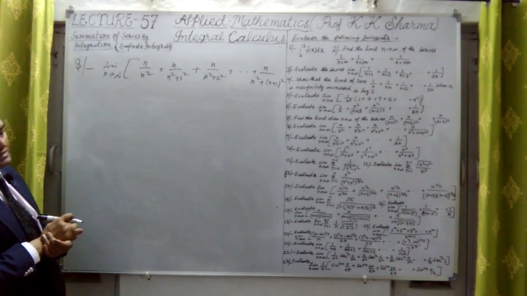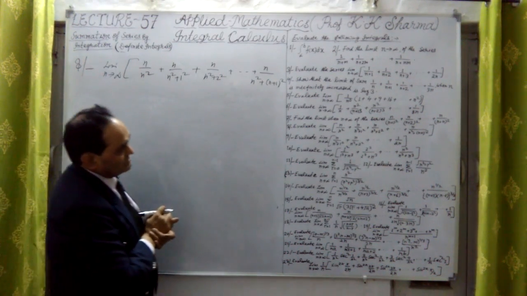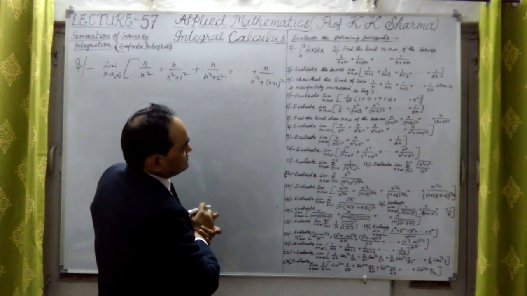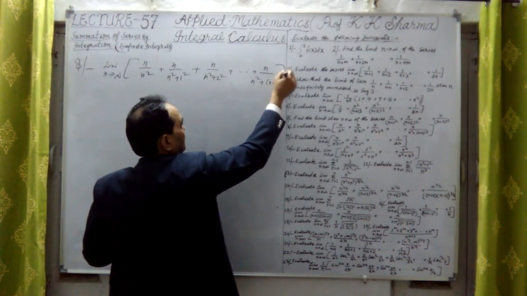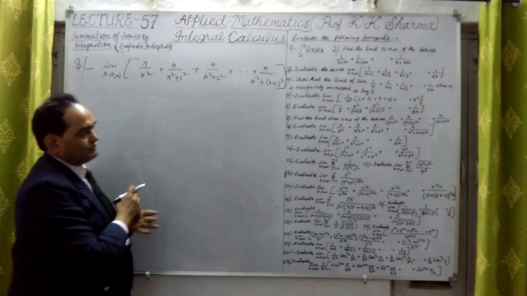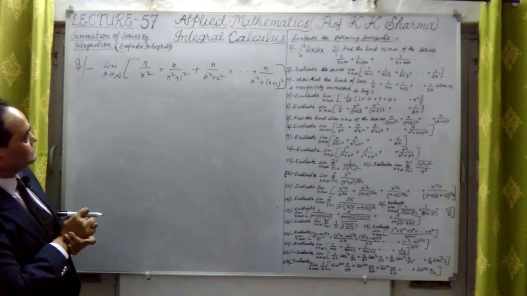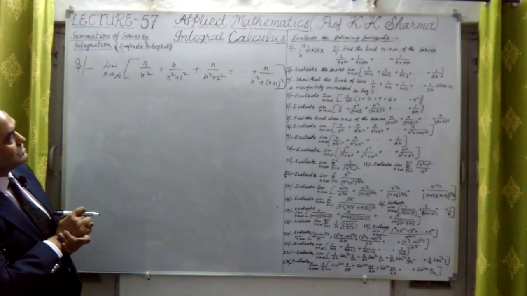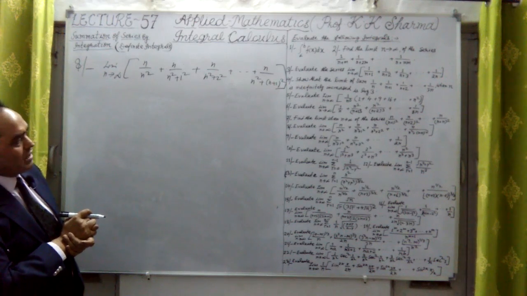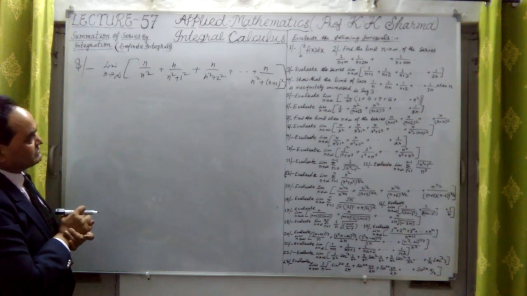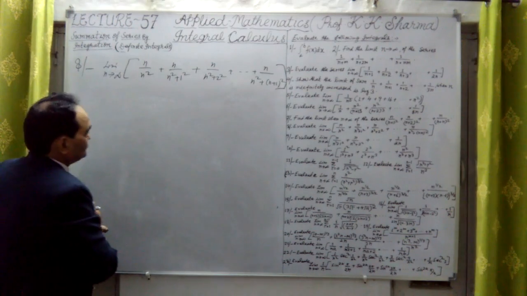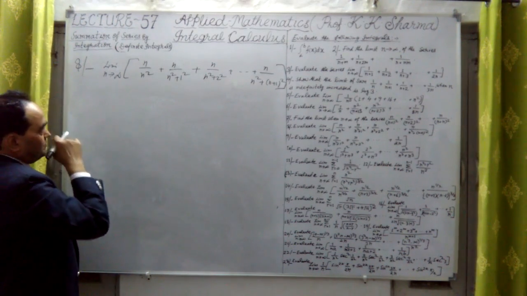So what is the last term here? This is the last term, n square plus n plus 1 whole square. This is question number 8. So this is the series we have obtained.